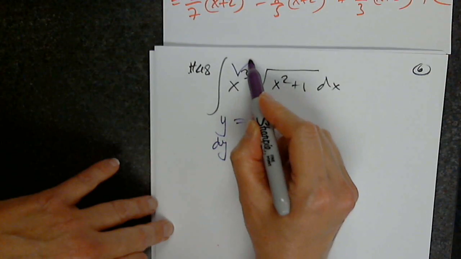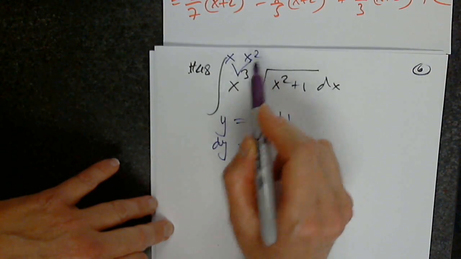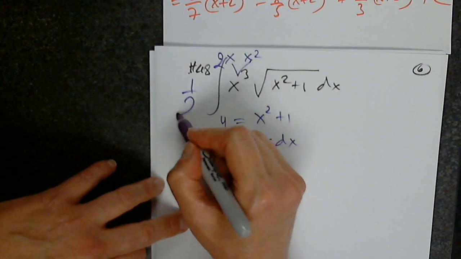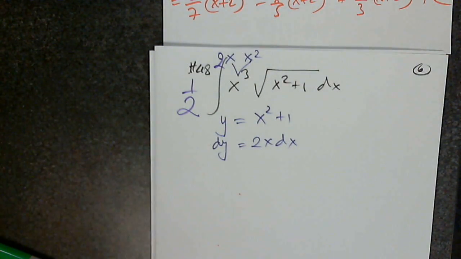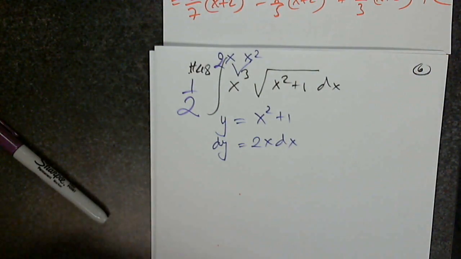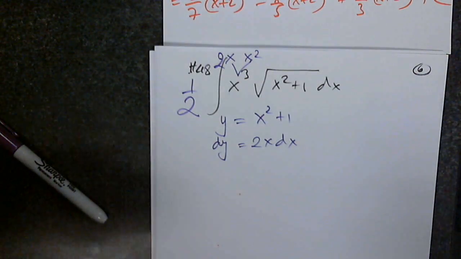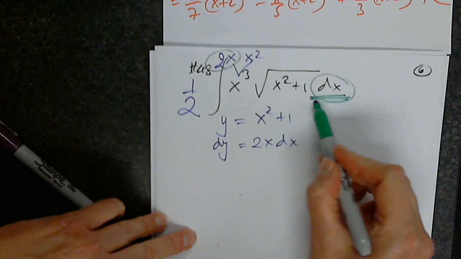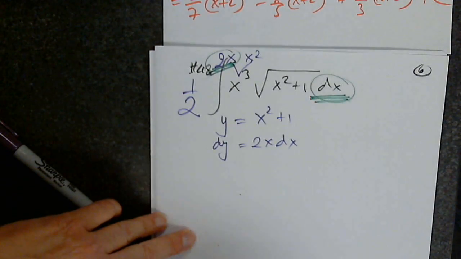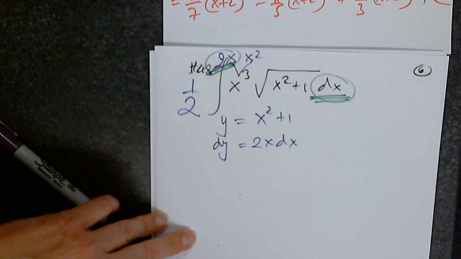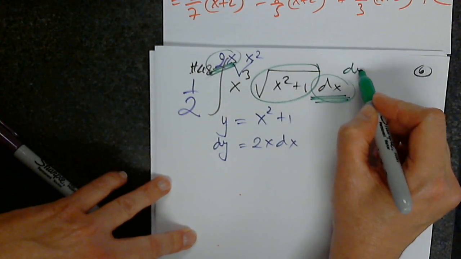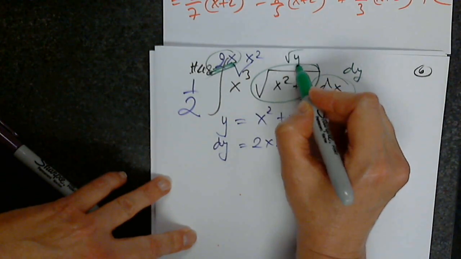So I have to break this into x and x squared, so multiply by 2 and divide by 2. Therefore, I have 2x dx, this and this will be dy. So this will be the square root of y.